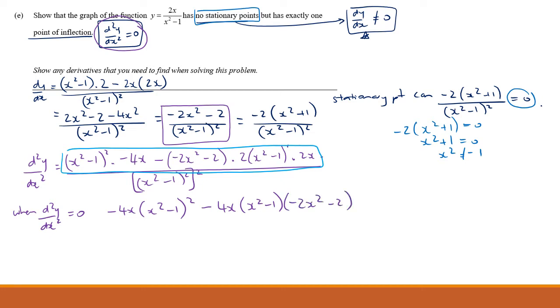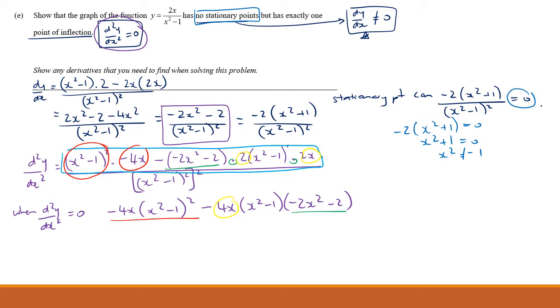If you guys can follow that, the 2 and the 4 comes here. Because these are all multiplied, I've just combined the 2 and the 2 to give me my 4. Okay, so hopefully you can follow all that.